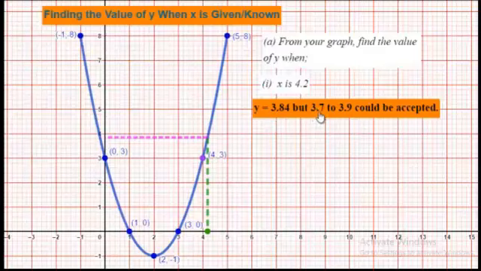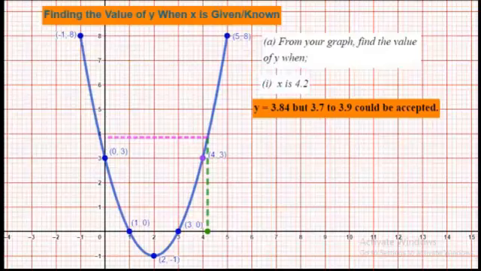Therefore, 3.7 is accepted, 3.8 is accepted, 3.9 is accepted. So all these answers are accepted, but you shouldn't write all. So your answer could be a little bit different from that of another friend, and they may all be accepted.